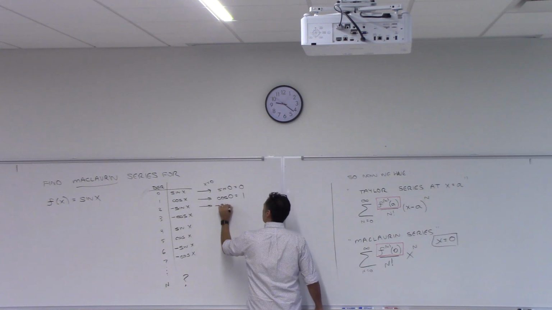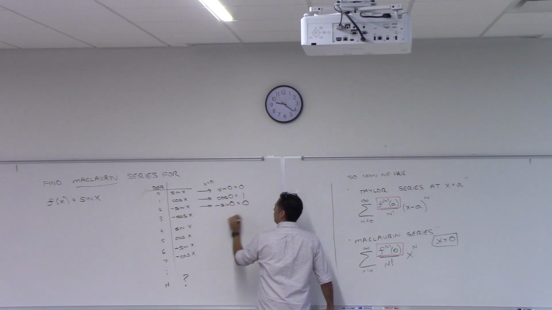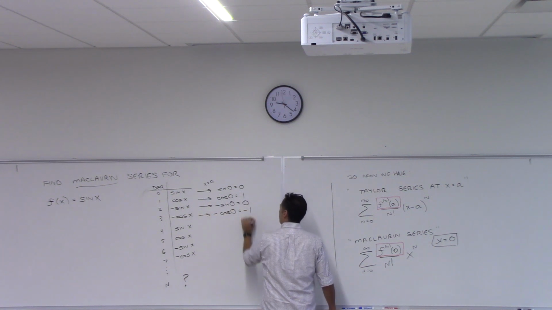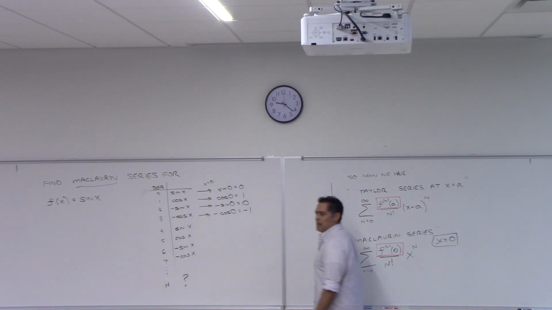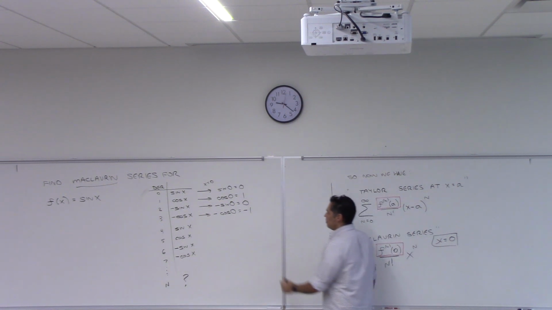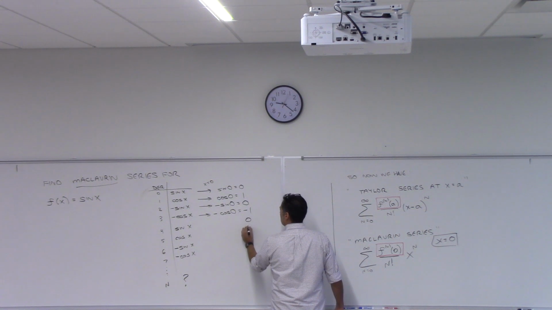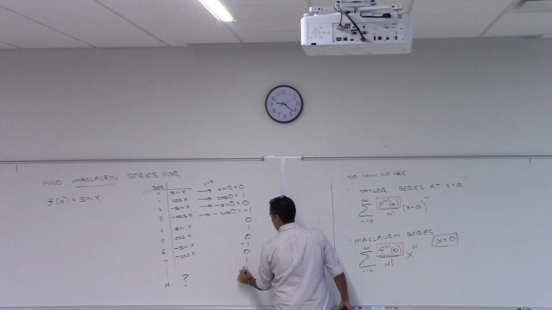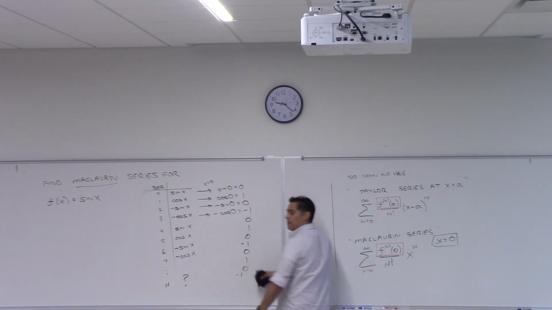Negative sine of 0. 0. Negative cosine of 0. Negative 1. And then it's going to start repeating itself. So it'll be 0, 1, 0, negative 1, 0, 1, 0. That's what it's going to keep doing.